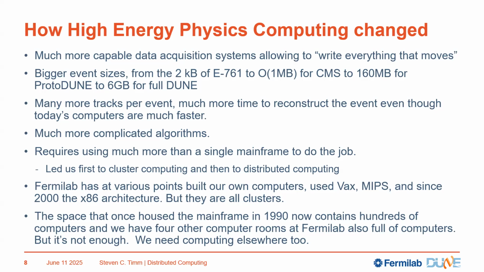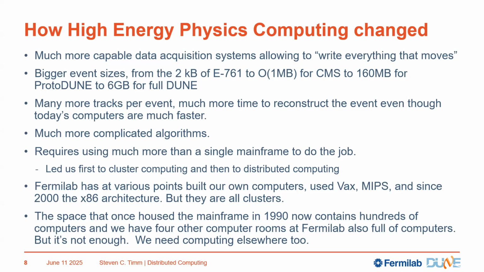So that led us first to cluster computing and then to distributed computing, although in 1990, Fermilab did have a distributed computing department even at that time. Fermilab has at various points built our own computers. This would have been about the same time that the Apple Macintosh came out.